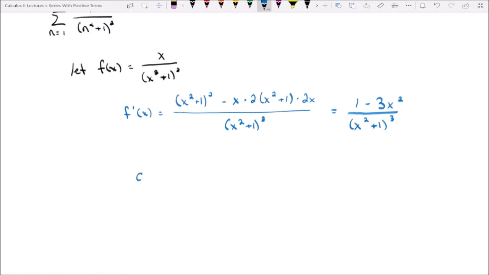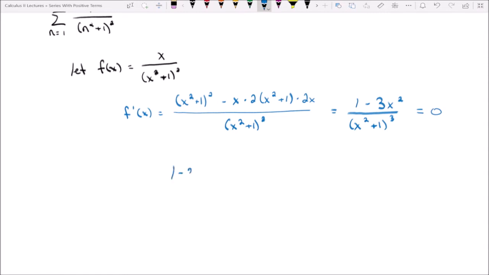Now what we want to do is consider one to infinity. So set this equal to 0, first of all. Let's solve it. Right, remember, we want to find critical points, right?